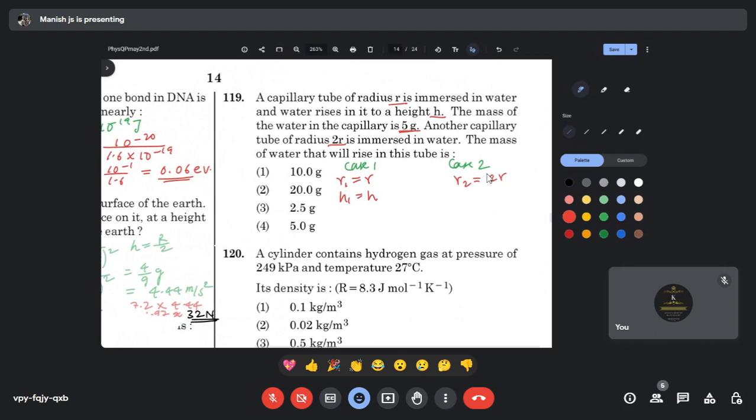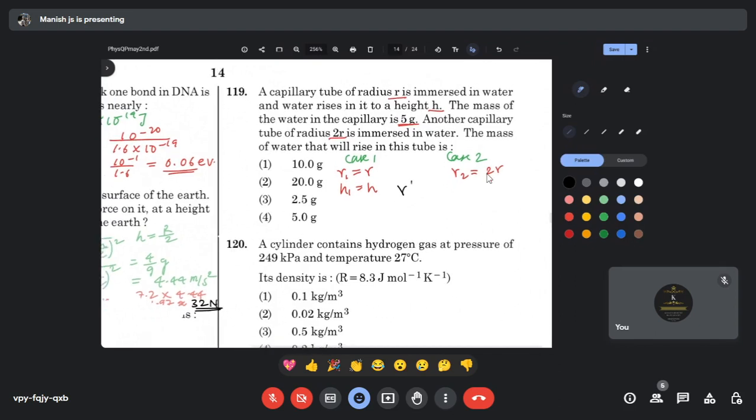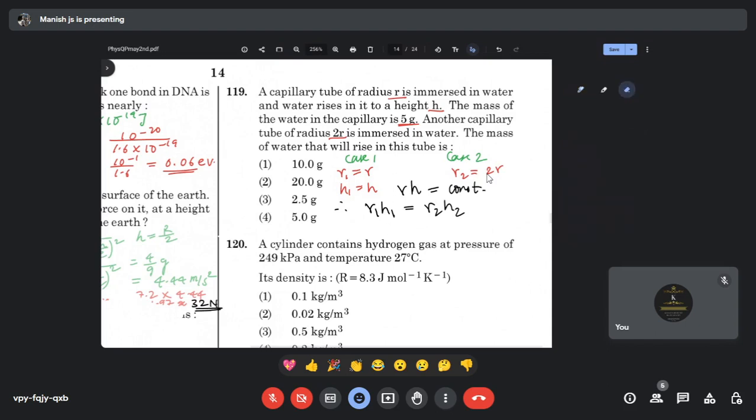So the product of radius and the height of the capillary is always constant. So r times h is going to be constant. So we can establish that r1 times h1 is equal to r2 times h2. When you go for a relation like this, you can find out what is h2.